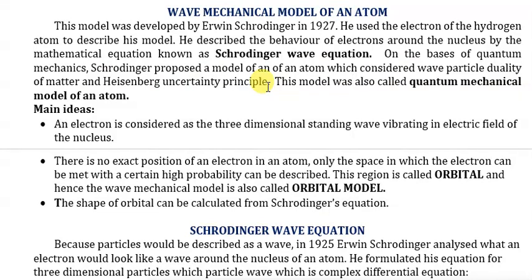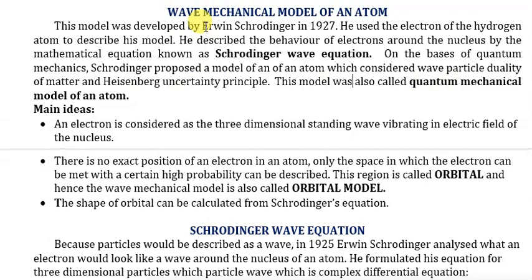Aliconsider the wave particle duality ambayo alifanya de Broglie, and also the Heisenberg uncertainty principle. Yeye ni kama vile alifanya a collection of ideas of other people, but also aliingiza idea yake kuhusu motion of electron. So this model was also called the quantum mechanical model of an atom. It is called the wave mechanical model or the quantum mechanical model of an atom.